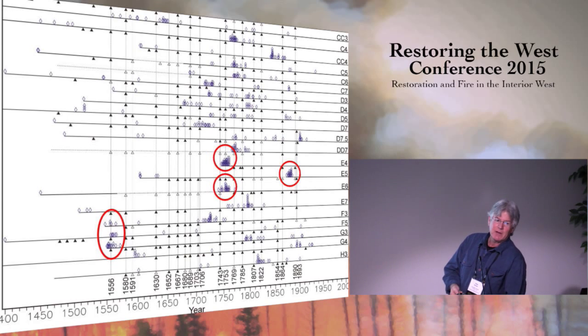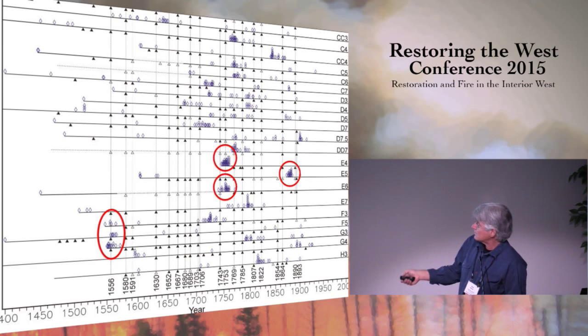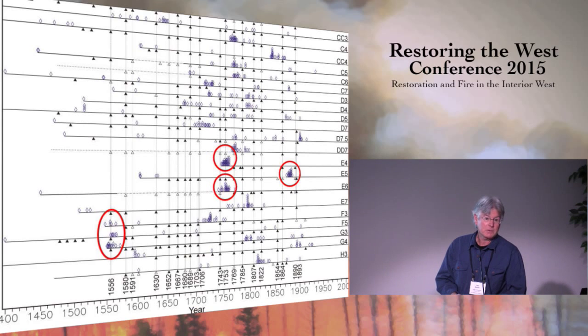Basically, looking at this, we did a paper on this one, about 3% of the landscape from 1556 out to 1893. We estimate about 3% of the fires during that time were crown fires. The rest were surface fires.